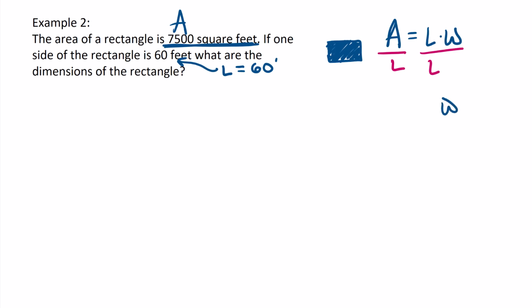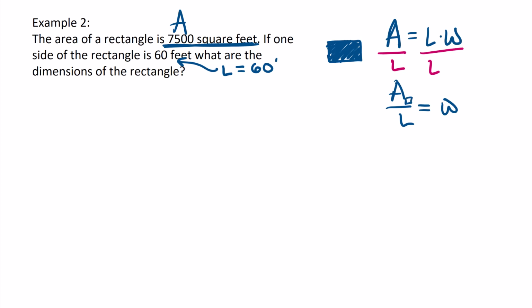And I'm doing this to isolate the W. The W is the unknown, and so the area over the length will equal the width. And now I just substitute my values I know into my new formula.